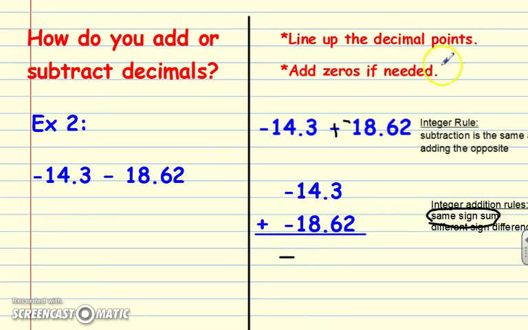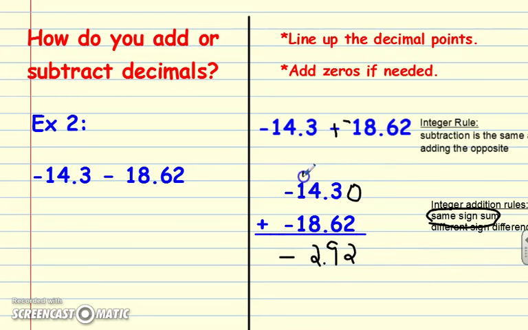Now, I've got an area right up here where there's nothing. If there's nothing there, we know the number that represents nothing is 0. So there's a 0 in the hundredths place, and from here, I can just add 0 plus 2, 2. 3 plus 6, 9. The decimal places are lined up, so the decimal point just drops down. 4 plus 8, 12.